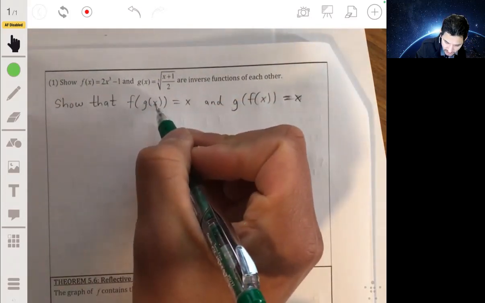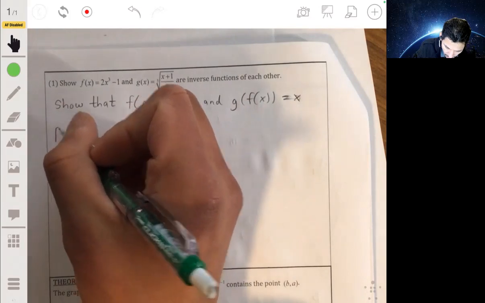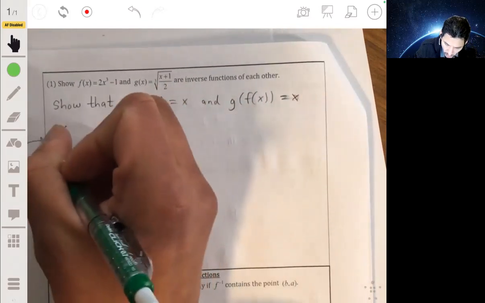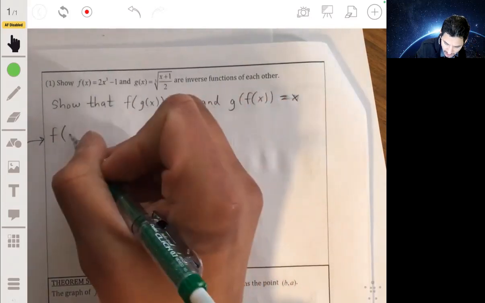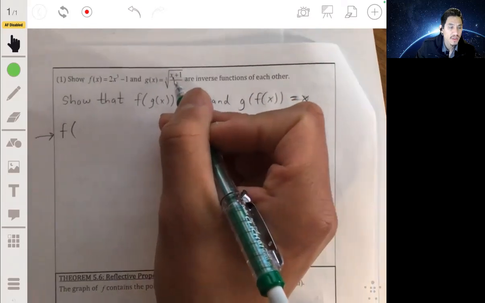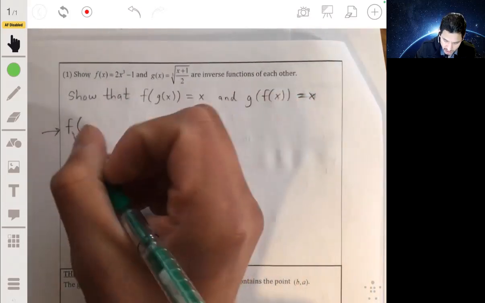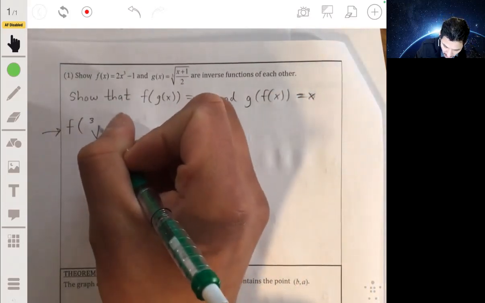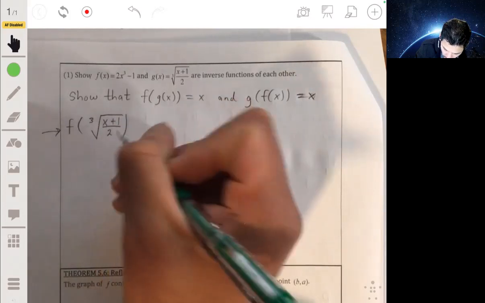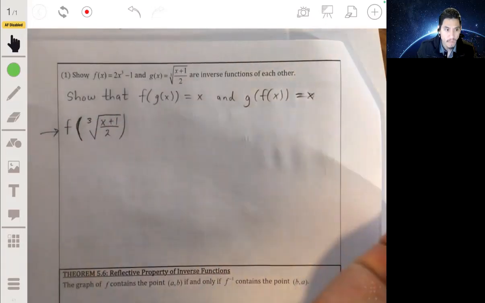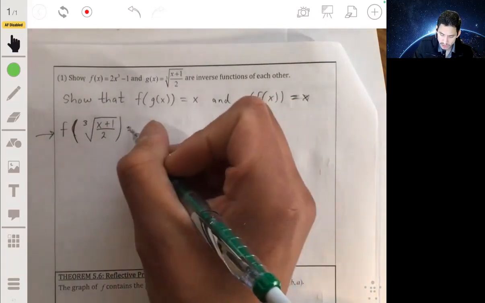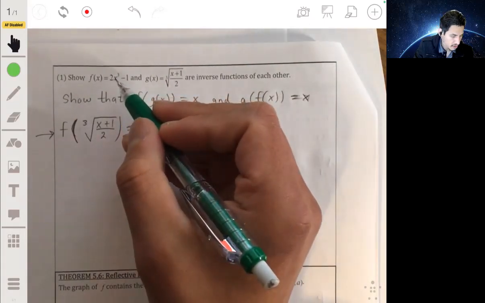F of G of X would be, let's write the input not as G of X, but as what the right side of the G of X equation shows, which is F of the cube root of X plus 1 over 2. Now, what is the function telling you to do for F?